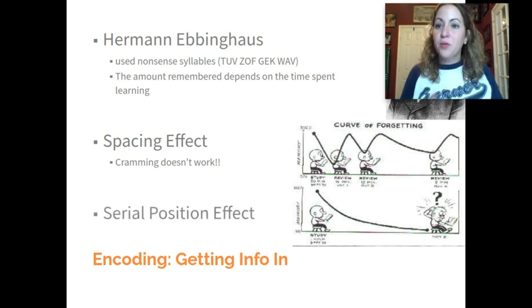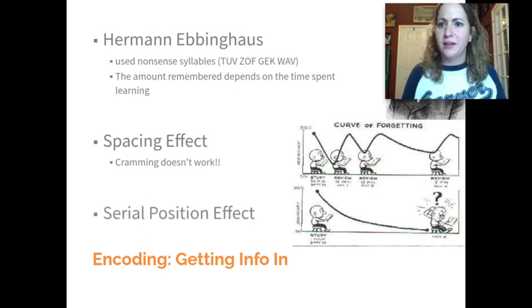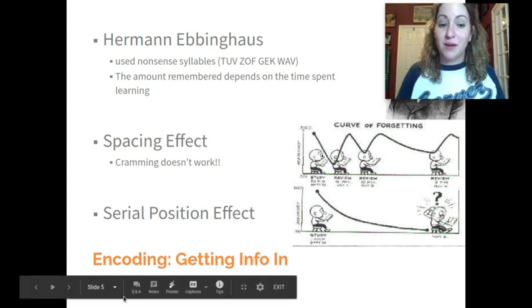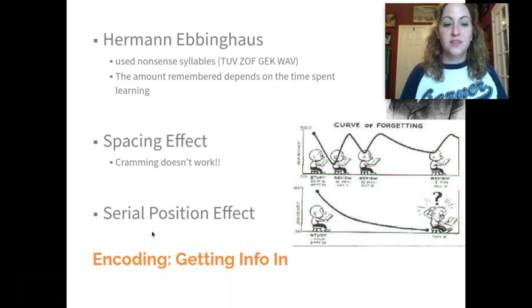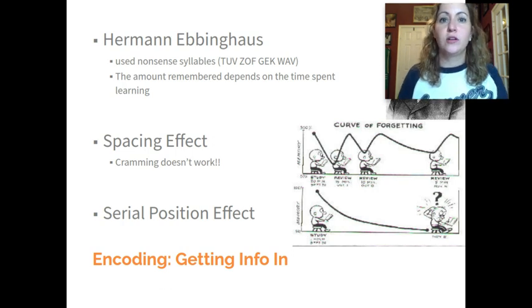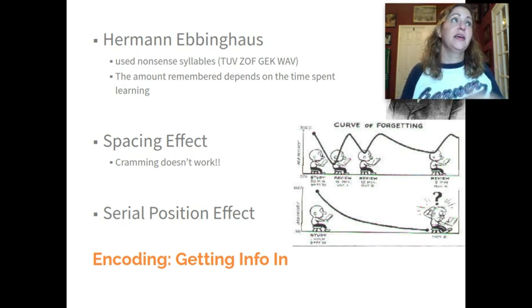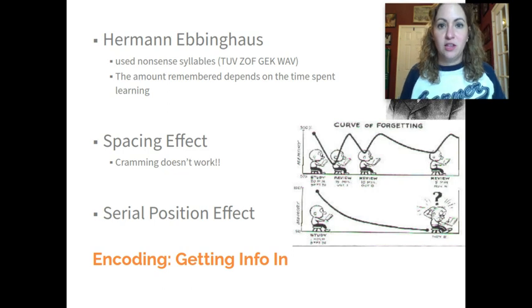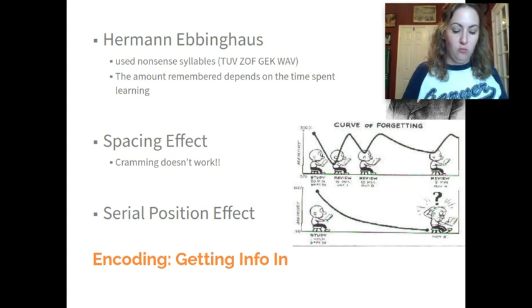So a couple things about getting things into our head and things not getting into our head. Remember, we're all still talking about encoding, which is getting information into our brain. The serial position effect. This just basically means that if you have a list, let's say you're going to the grocery store and you're going to make a list of 10 or 15 things that you need, what do you think you'd remember the most? Do you think you remember the beginning, middle, or end the most?